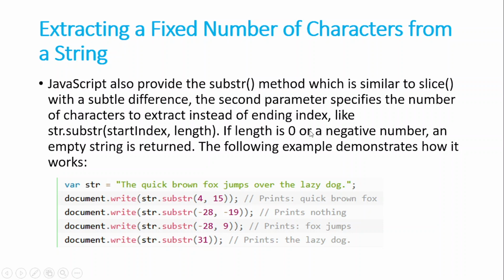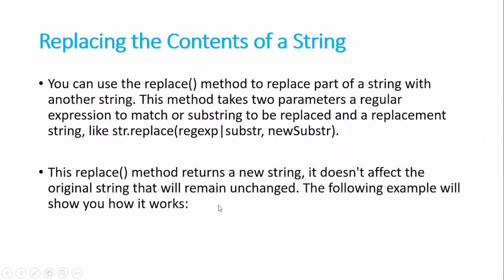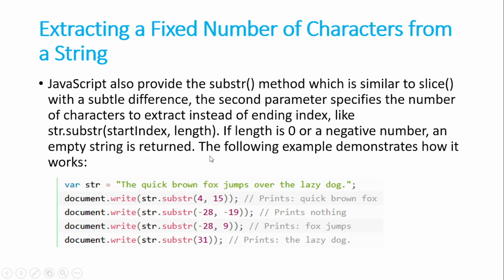If length is 0 or a negative number, an empty string is returned. So it will not give you anything because we cannot specify negative indexing here. The length shouldn't be 0 or negative, otherwise it will return an empty string. The following example demonstrates how it works, so you can see that.